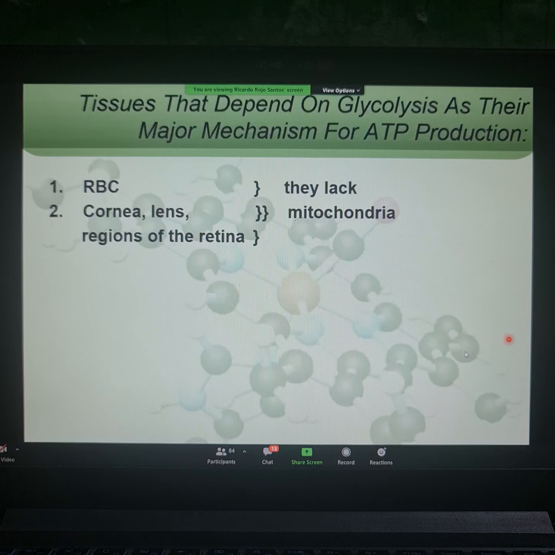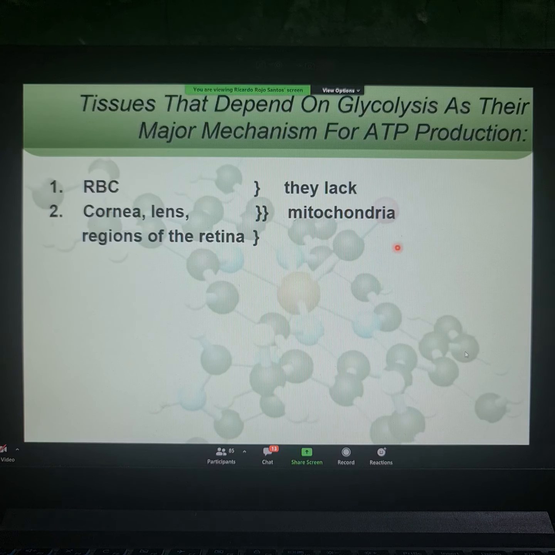They either lack mitochondria, or if they have mitochondria, there are only very few mitochondria inside the cell. And this is particularly true of the mature red blood cell, the cornea, the lens of the eye, regions of the retina.